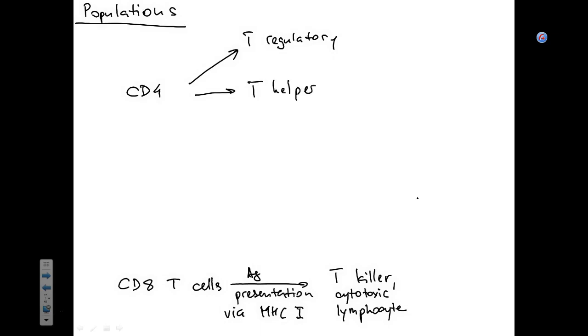So these guys become differentiated when antigen is presented via MHC class 2. Does that make sense? All right. Of course, both populations will produce a set of memory cells.